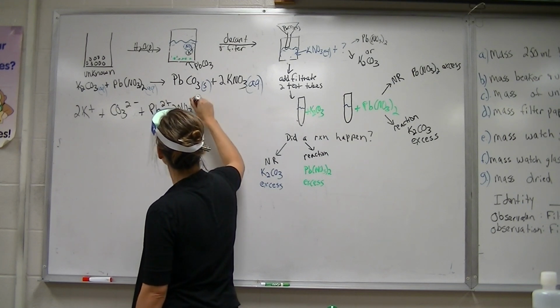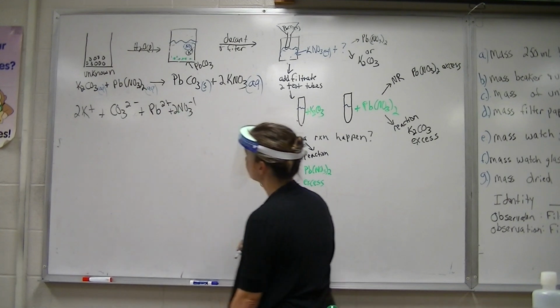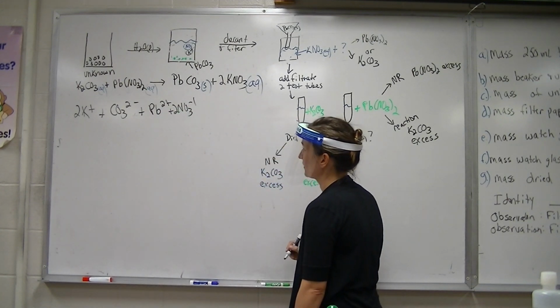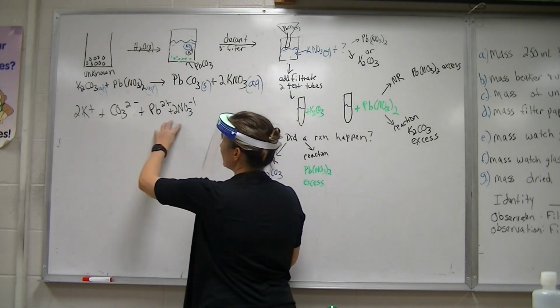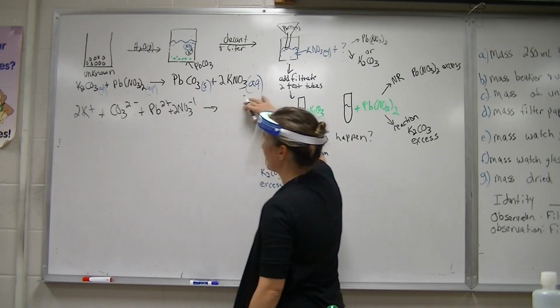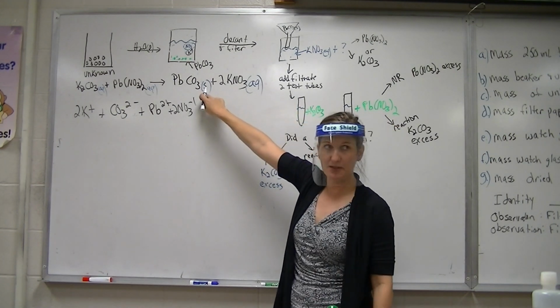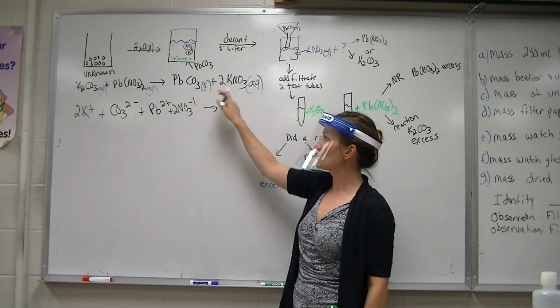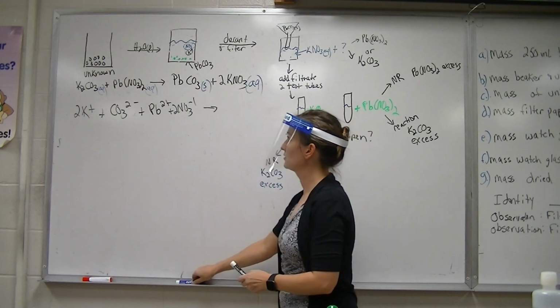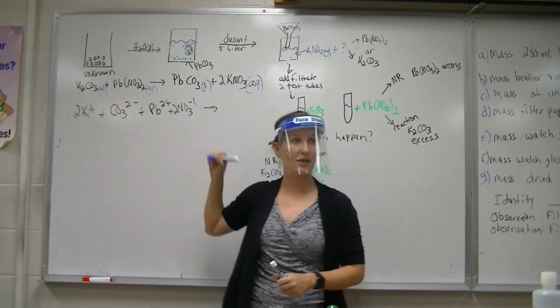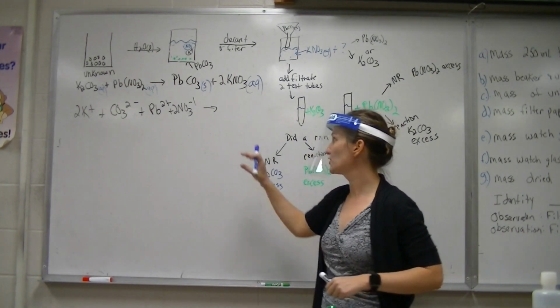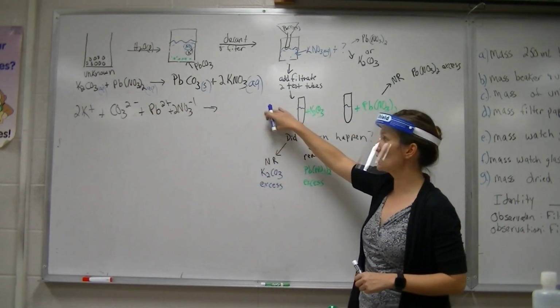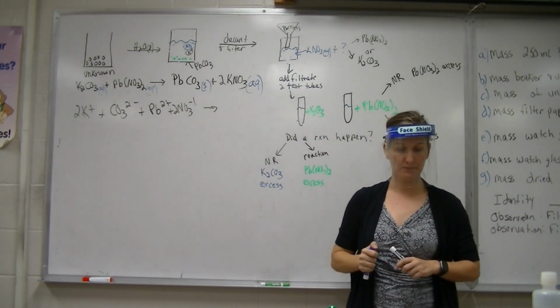There's 2 of these. So you split it up into its ions, and then you do the same thing to this side. You're not going to split up the solid into ions, though. So whichever ions match, you cross those out to get the net ionic. Okay, so I just started the reactant side for you. You can do the product side and the canceling.